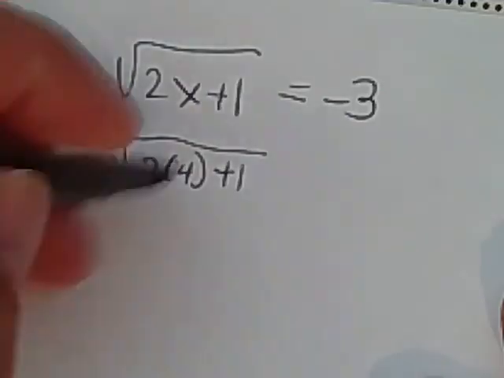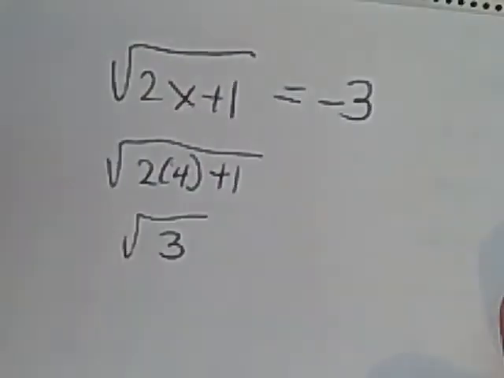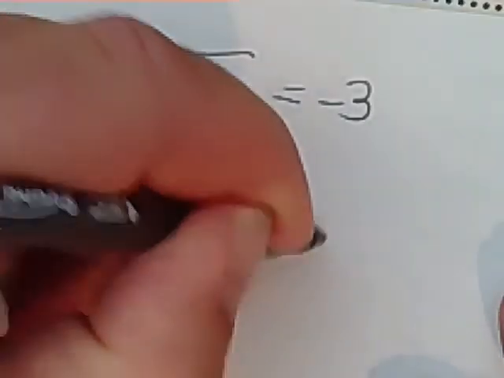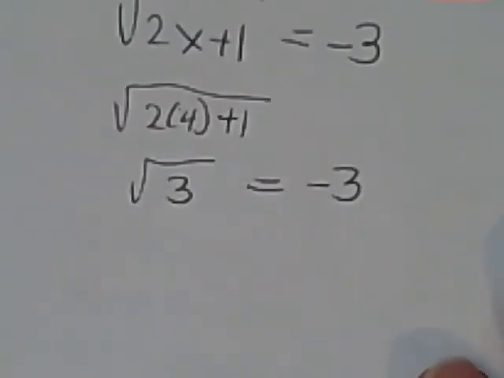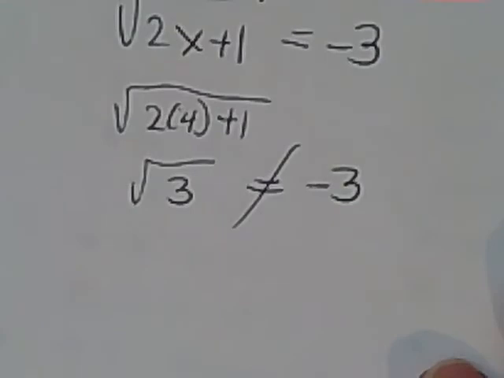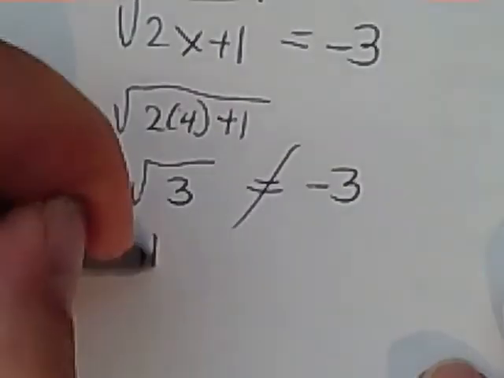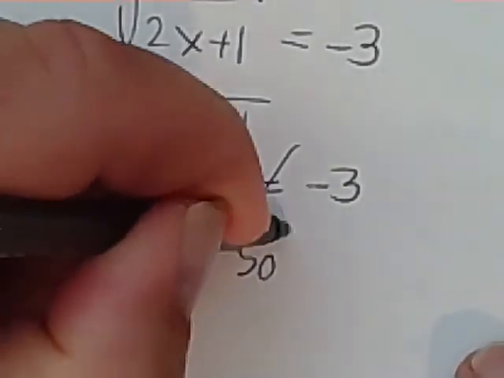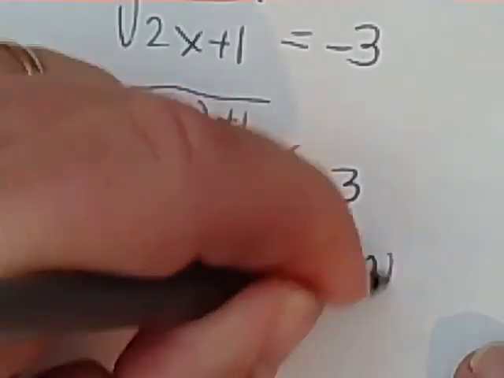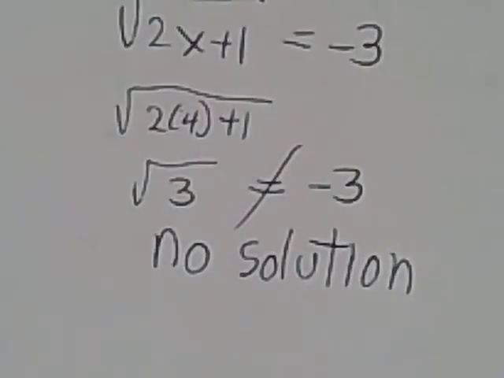The square root of 9 is 3. 3 is not equal to negative 3. There is no answer for this problem.